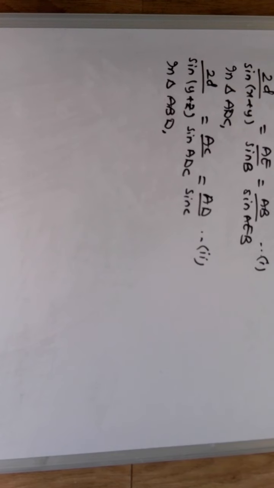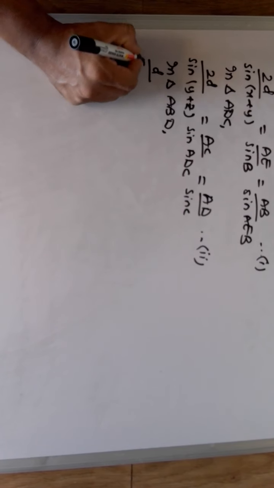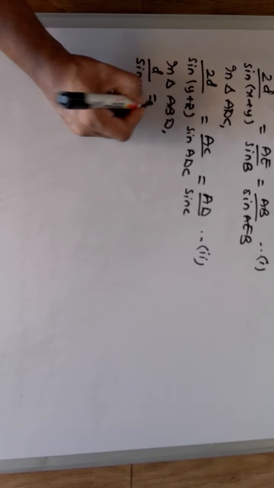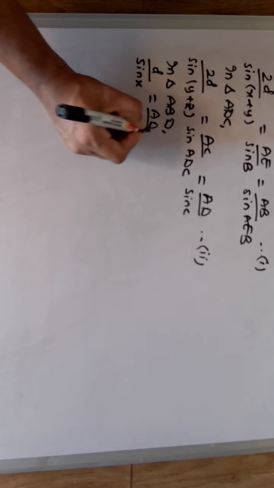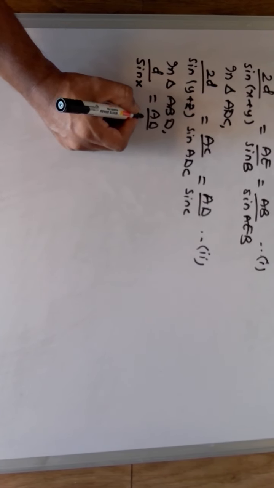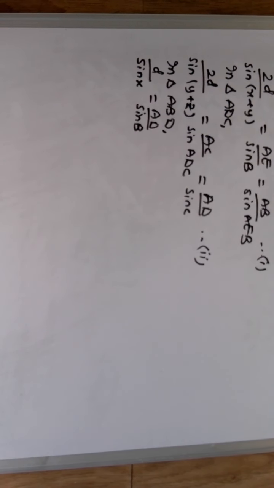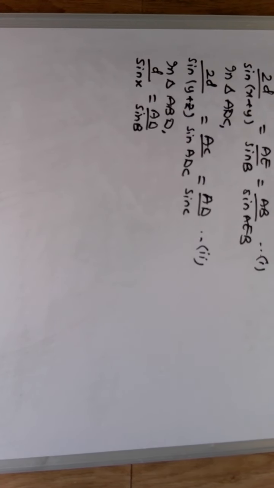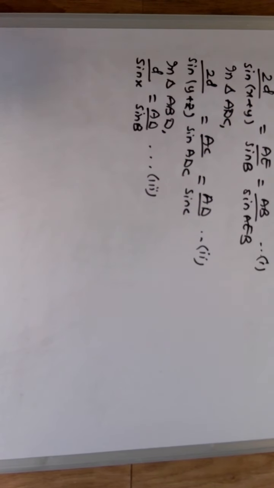So I will get D upon sin x is equal to AD upon sin B, and the next is AB upon sin ADB, that I am not writing right now. So this is your third one, right?